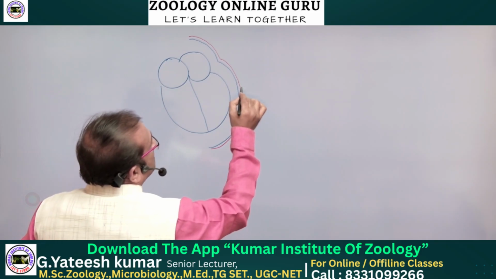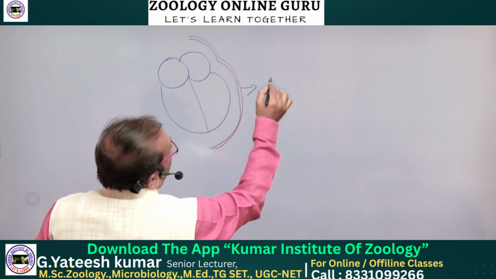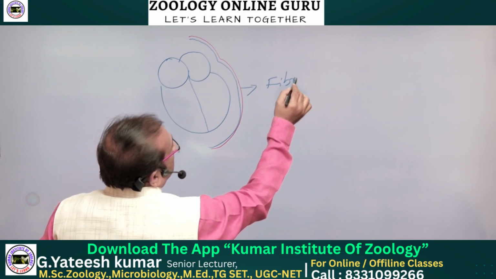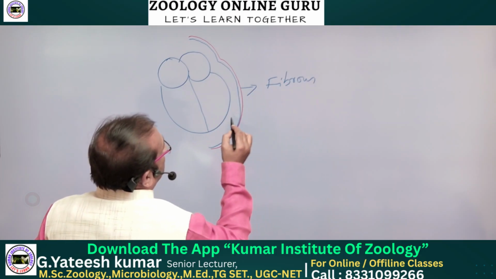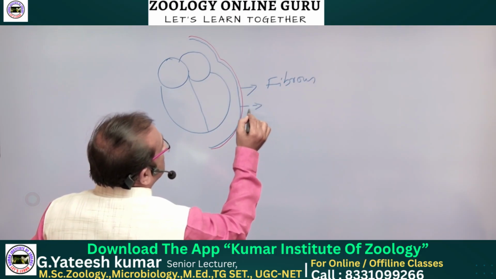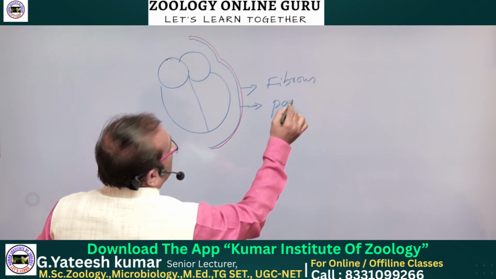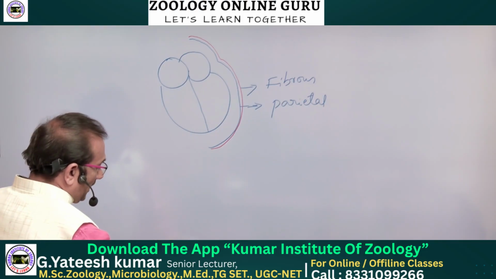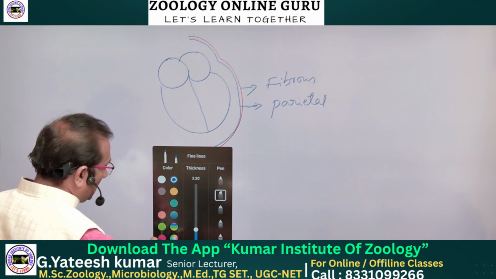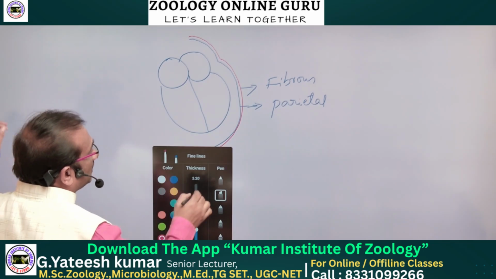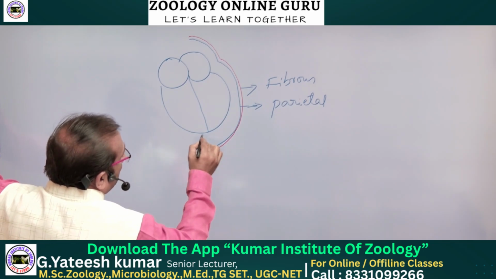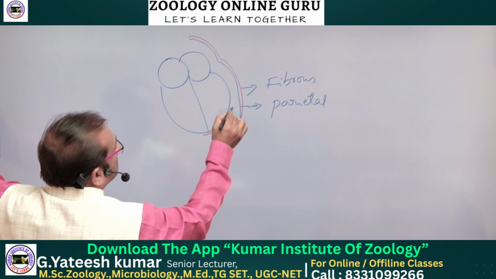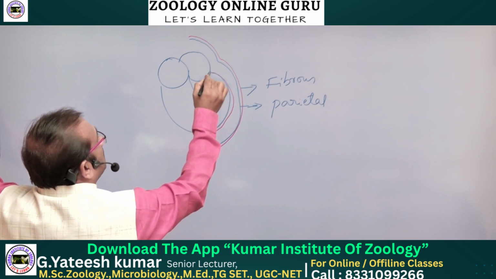The red line is the first one, the fibrous layer, and the blue line is the parietal layer. The innermost is the visceral layer, the second layer of the serous layer, which is directly attached to the heart, near the heart.